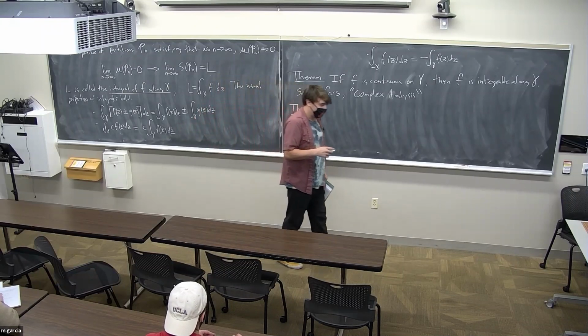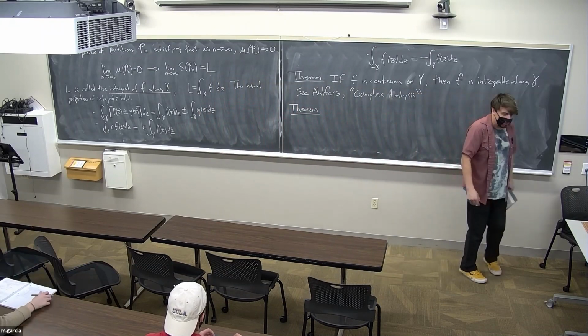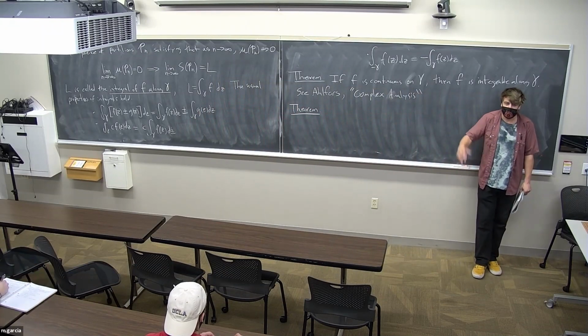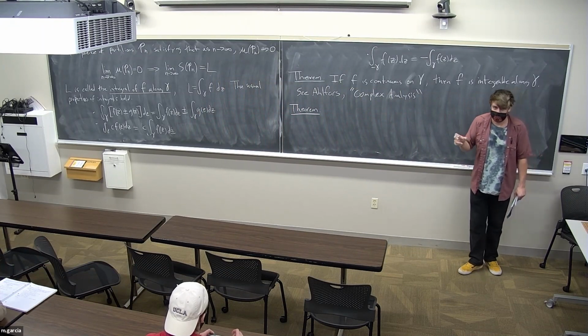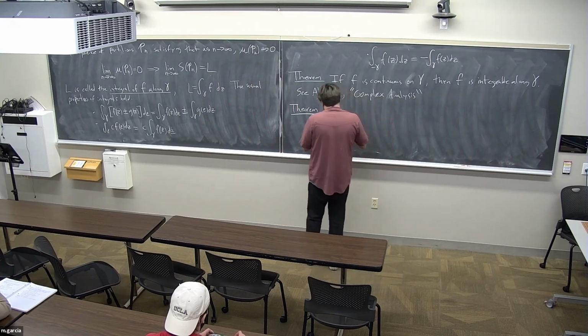And then we'll very cleverly try to transform an arbitrary contour integral into one that can be realized as an integral along a chunk of the real axis. Okay? So, here's our theorem.